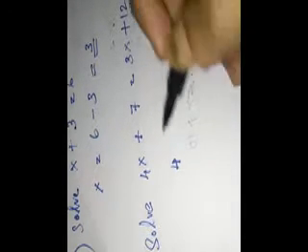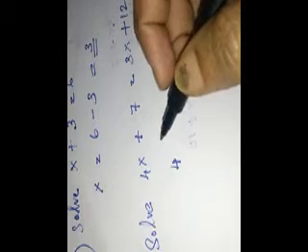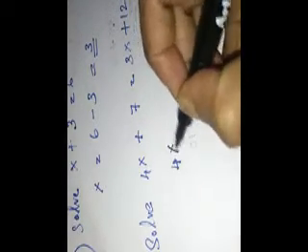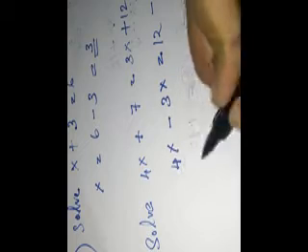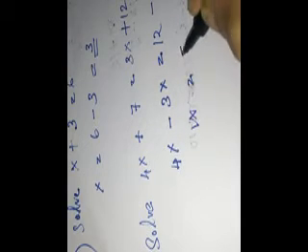So we get 4x minus 3x is equal to 12, and 7 moving across becomes minus 7. So 4 minus 3 is 1, giving x is equal to 5.